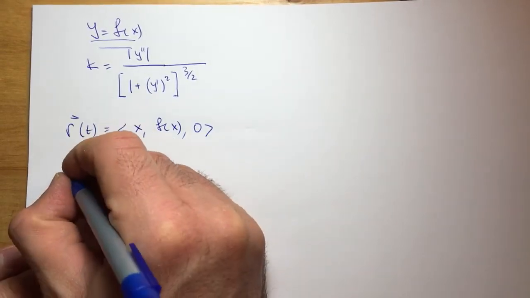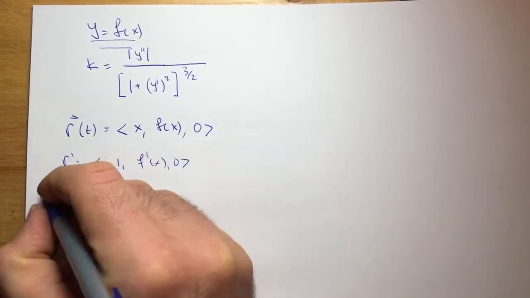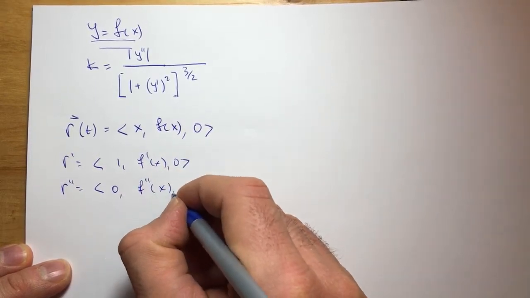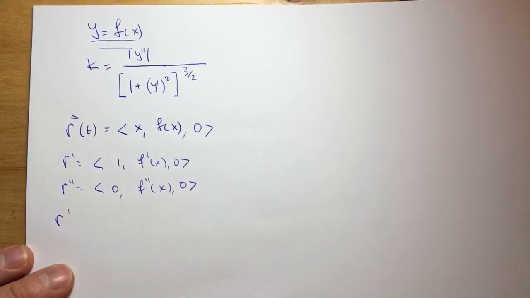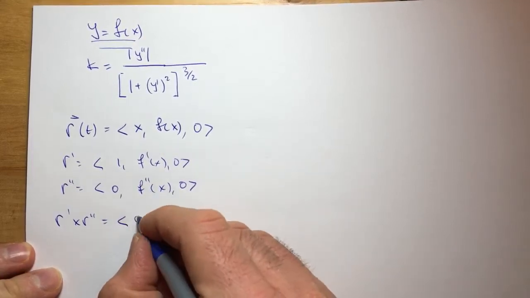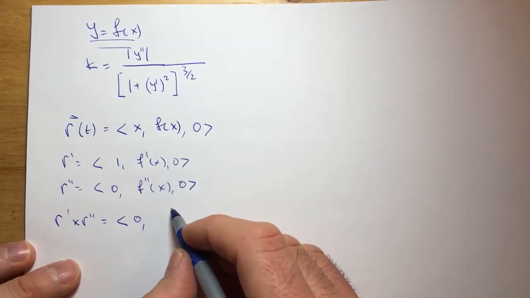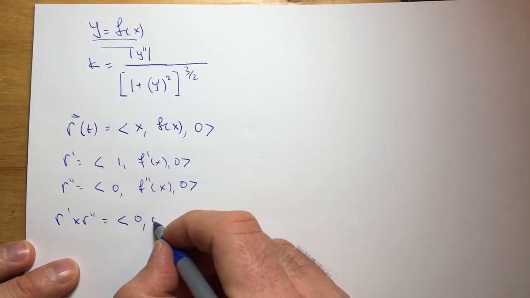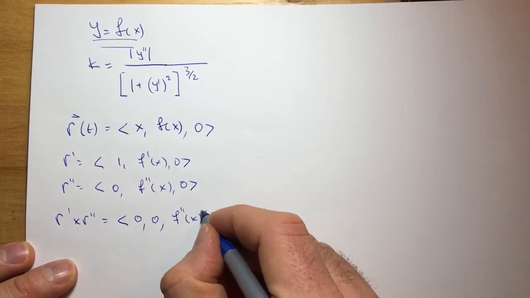Okay, then r prime is going to be 1, f prime of x, 0, r double prime is going to be 0, f double prime of x, 0. Then r prime cross product r double prime will give us 0, right? f prime times 0 is 0, f double prime times 0 is 0, 0 minus 0 is 0. The second component is 1 times 0 is 0, minus 0 times 0 is 0, and the third component is f double prime of x.